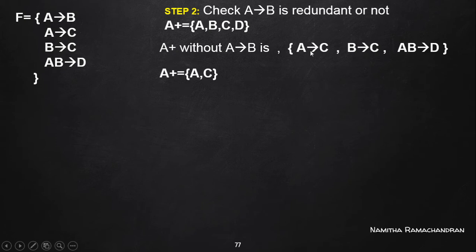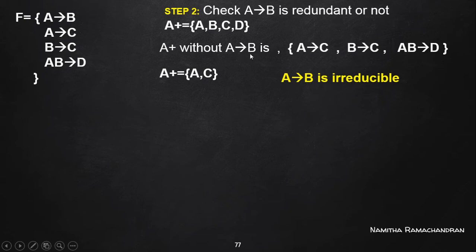Using this set of dependencies, again calculate the A closure. The A closure here is A, C. Now check whether this A closure and the earlier closure are equal or not. Here it is not equal. That means without A implies B, the F set can't perform all the activities. So A implies B is irreducible. This is not redundant here. Why?